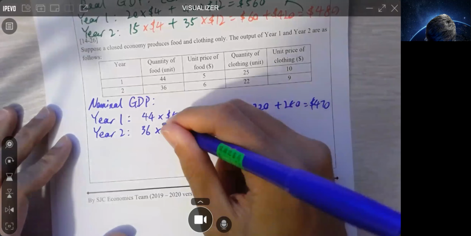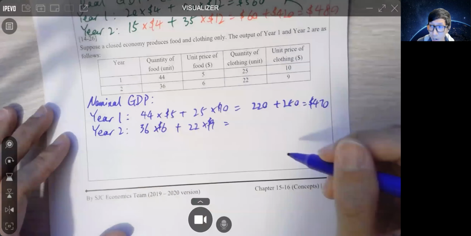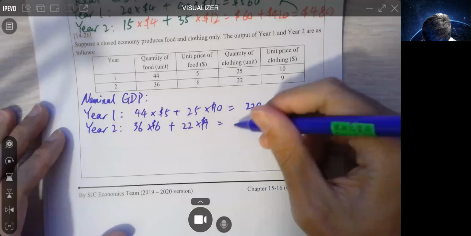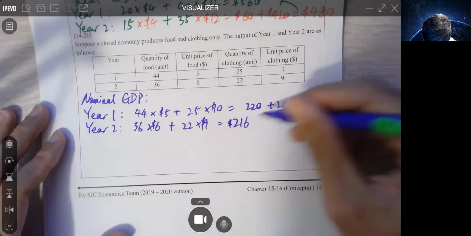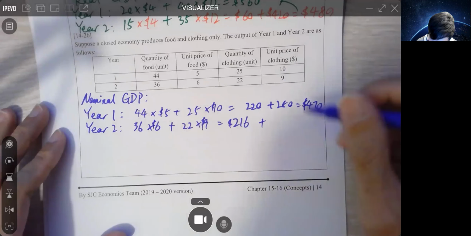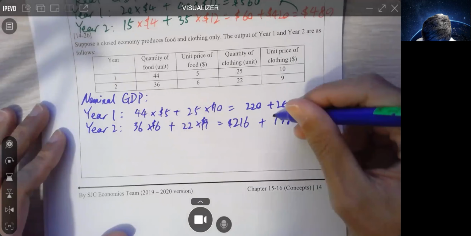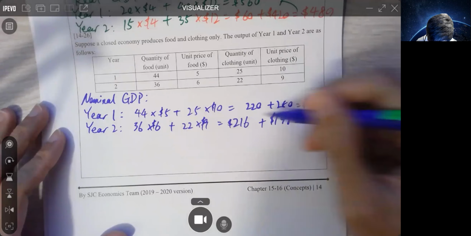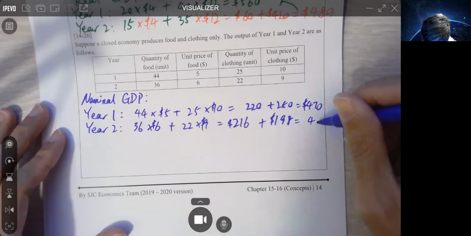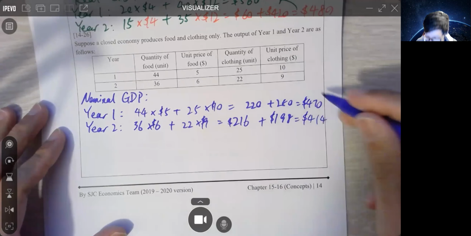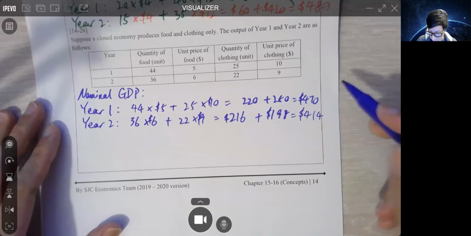Wow, this is so hard to calculate. 36 times 6 is 216, 216 plus 198, that would be 414. Okay, you see, nominal GDP has dropped.